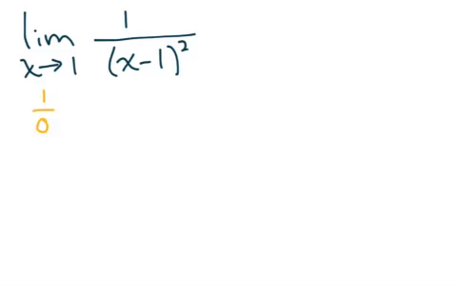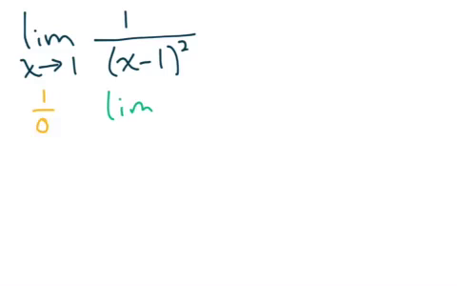So what's really happening when we can't get rid of the division by 0 is that when we get really close to 0, we're dividing by a really, really small number, which means that we're either going to approach positive infinity or negative infinity. So we just have to think about what's going to happen, and really we need to divide this up into two separate limits.